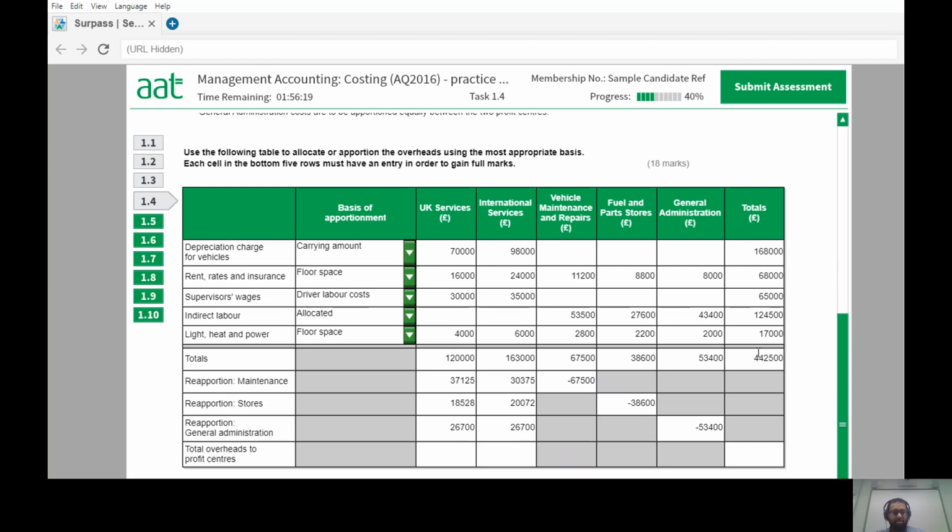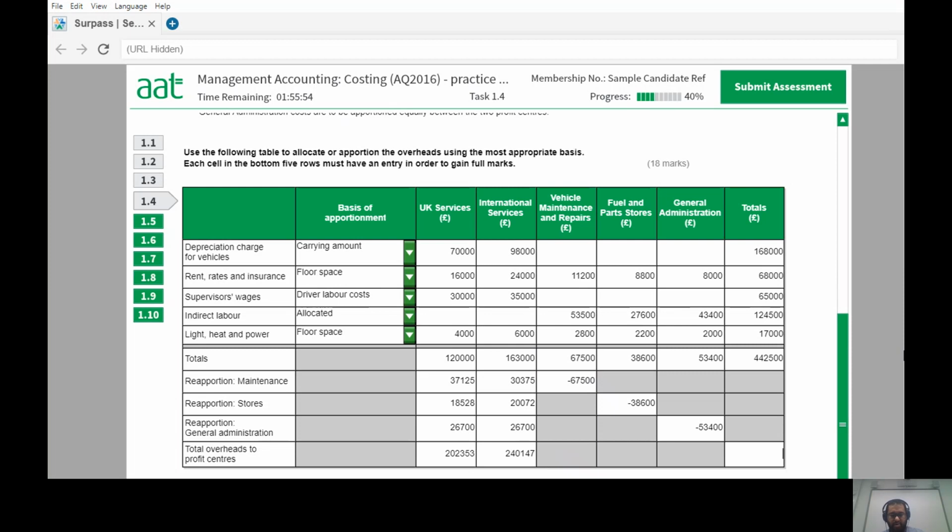It's going to be 202,353, and then the next one is going to be 163,000 plus 30,375 plus 20,072 plus 26,700. This is going to be 240,147.